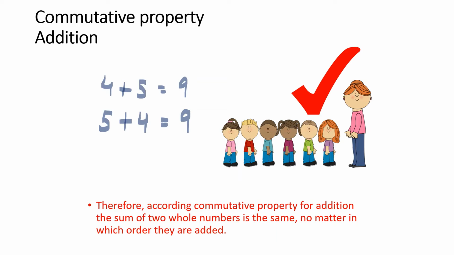So I can also write 5 plus 4 is equal to 4 plus 5. Therefore, according to the commutative property for addition, the sum of two whole numbers is the same no matter in which order they are added. Now can you use this to simplify your questions?